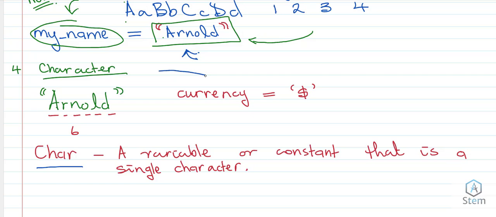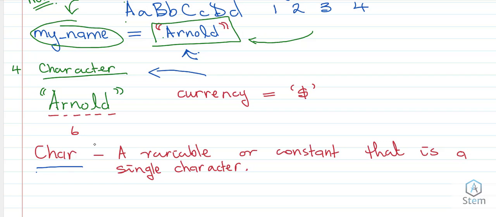I wrote it in full here because we are still learning, guys, and I have to say it all. But once you become a programmer, you'll be referring to it as a char or a car, depending on your preferences. You will never write it as a character, especially in a program.